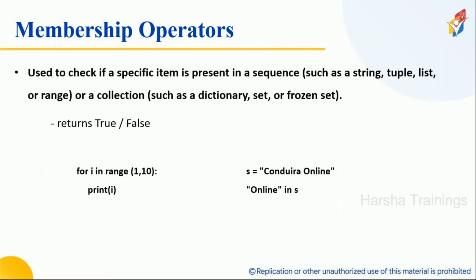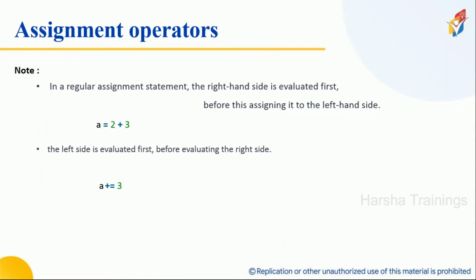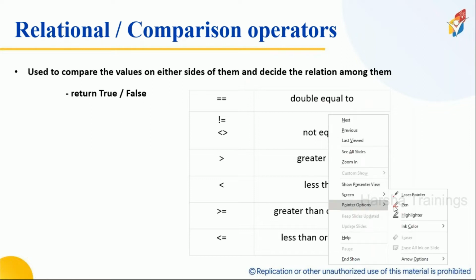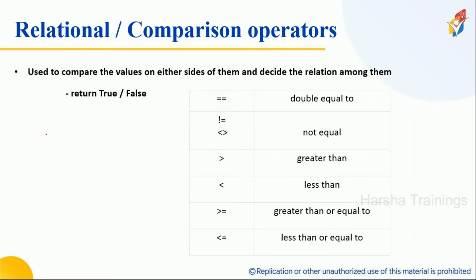Now the next operation we will do is comparison operations. Mostly in regular programming, we are going to use some comparison operations. Here I have 2 expressions: this is expression E1 and another expression called E2.